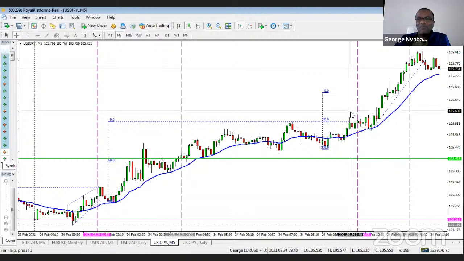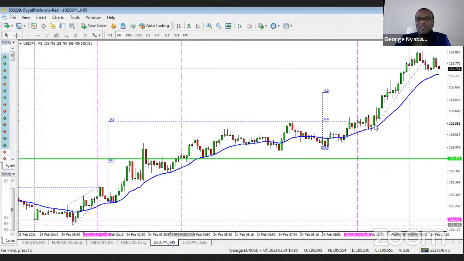Now that presented an interesting problem for me, because the setup we had is a tight trading range to the moving average. It's right at the top of the Asian session trading range. So what is it? It's an area of resistance. One thing you don't want to do is buy at the top of a trading range, because we should be selling at the top of the trading range and buying low.